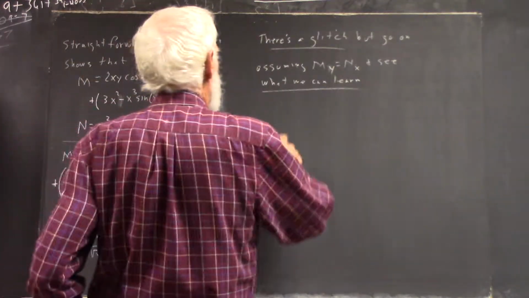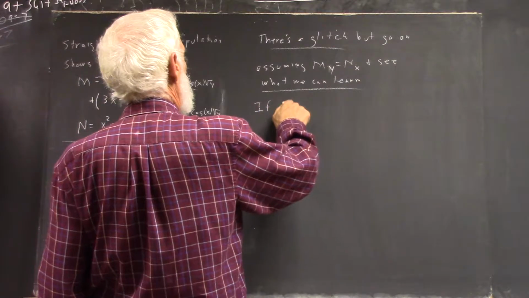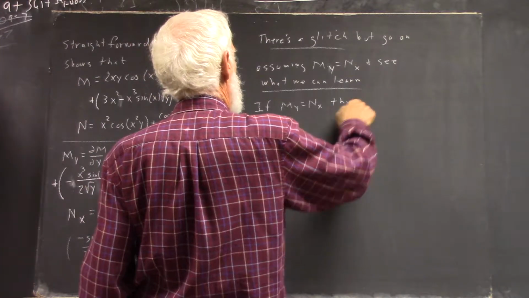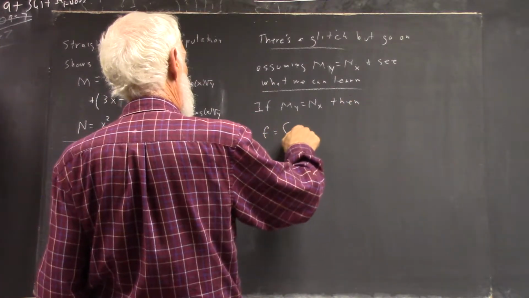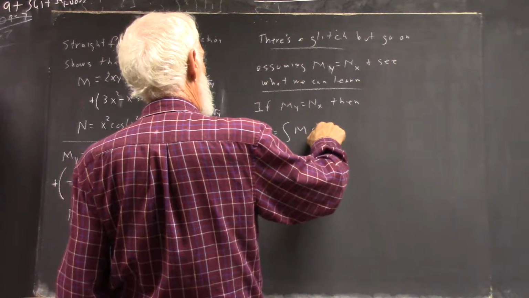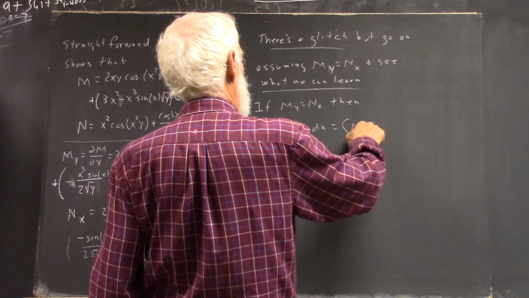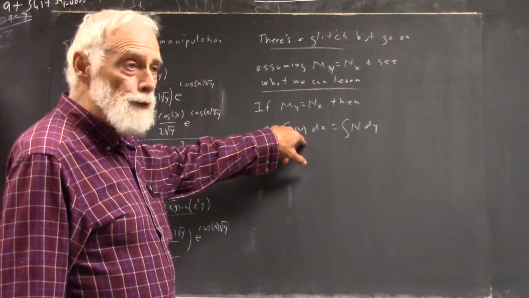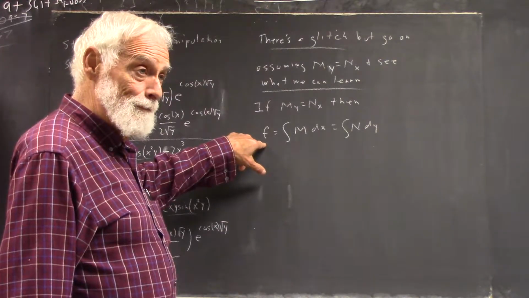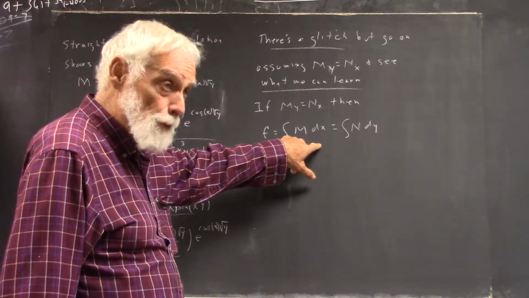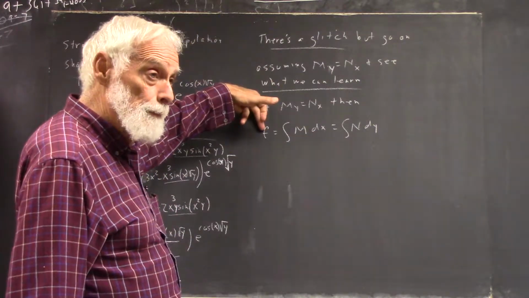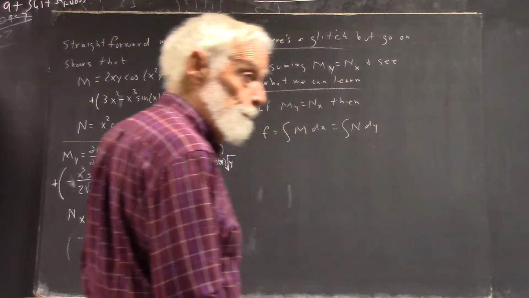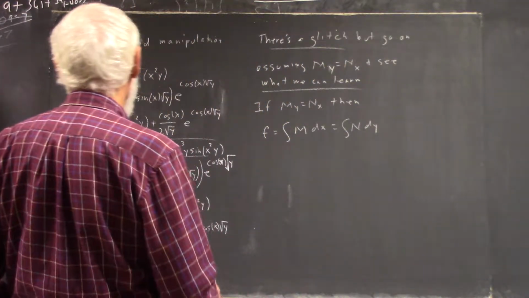So, then since m is the x derivative of your unknown function, taking the antiderivative of m with respect to x should recover this function, and so should taking the derivative of n with respect to y for the analogous reason. Okay? So let's see.